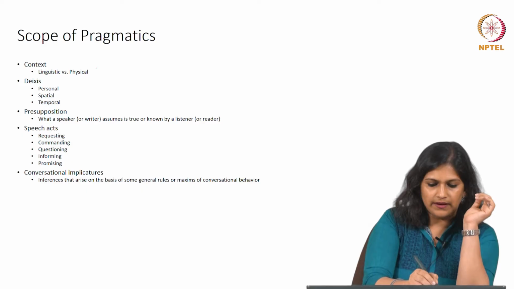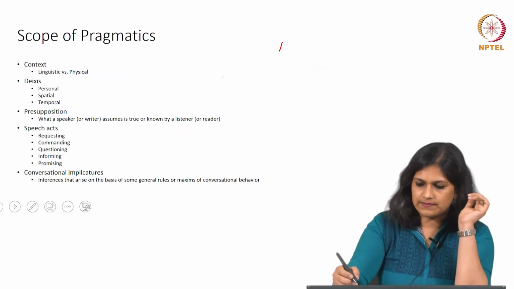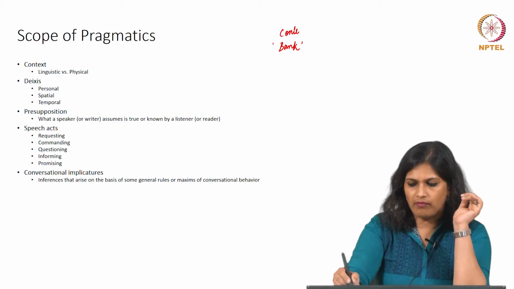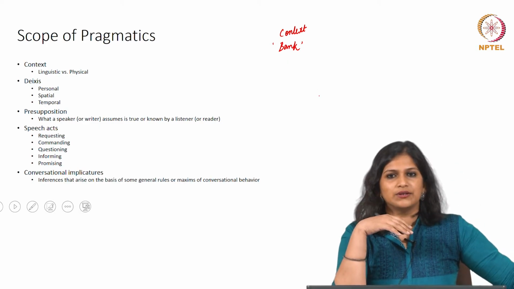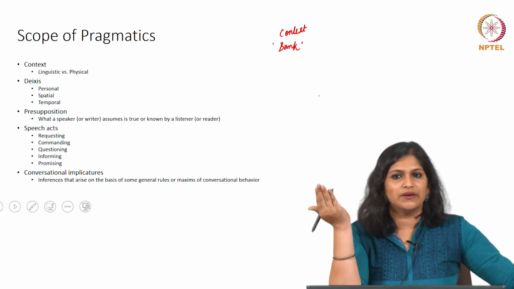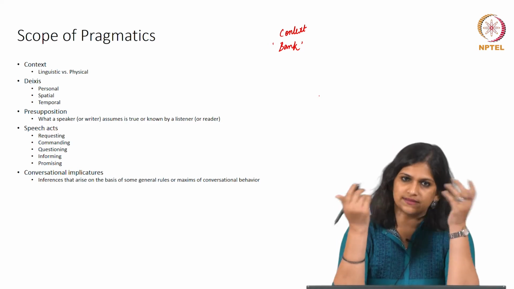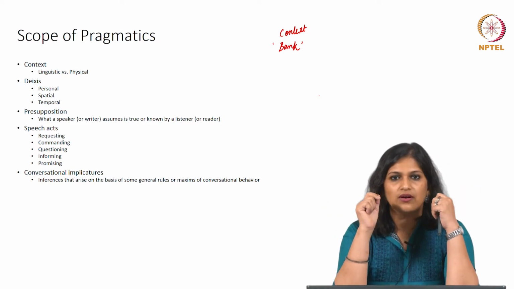Let us say bank. I am talking about the context in pragmatics. Bank could be a what? A homonym, right? And why would bank be considered a homonym? Because the spelling is the same, the pronunciation is the same, but it has different meanings. It depends on the context.